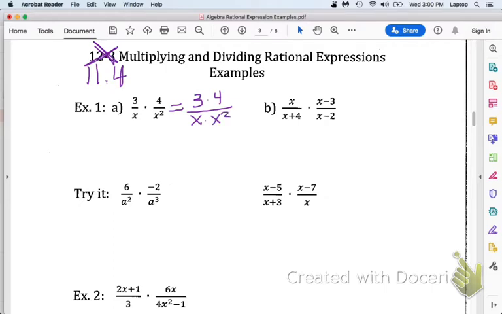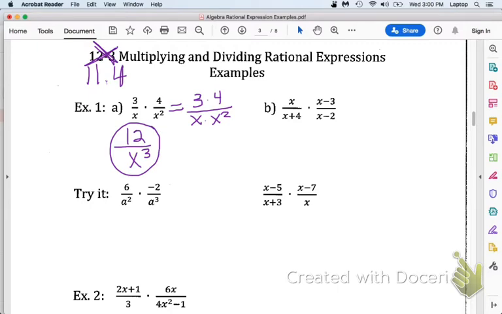So you're going to have to use your exponent rules for some of these. So 3 times 4 is 12. And x times x squared, remember we add the exponents, so we would get x cubed. All right. There we go.